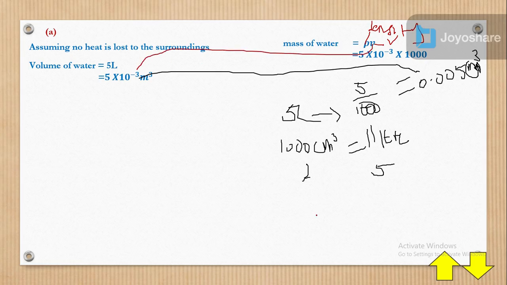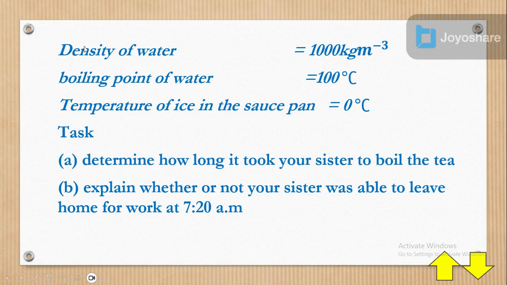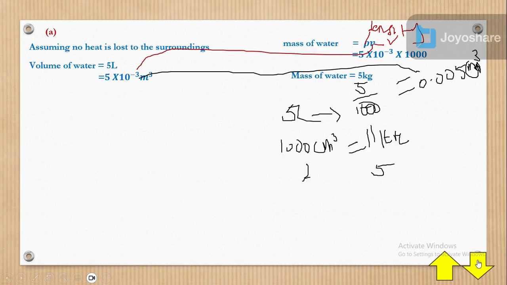How about density? Density has been given to us here. The density of water is 1000, so we already have it in the question. The density times the volume gives us a mass of 5 kilograms.